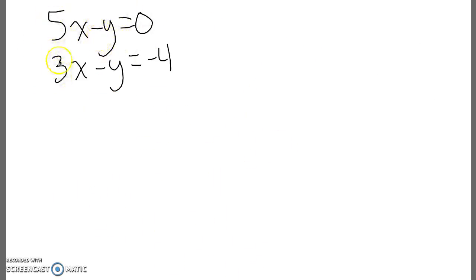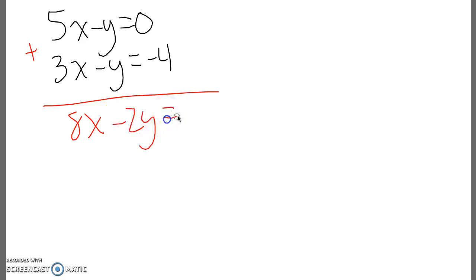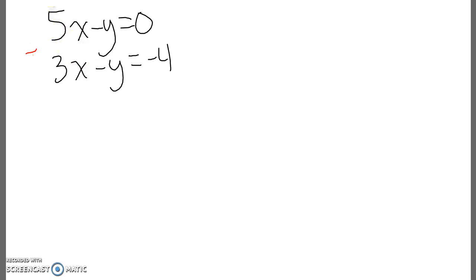Here you might notice if I add these together, it's not going to help me out. So if I tried to just add these two together, I'm going to get 8x and negative 2y equals negative 4. And obviously nothing canceled out. I haven't made it easier on myself, so that's not the solution that I'm looking for. In this situation, what I should have done was just a subtraction.